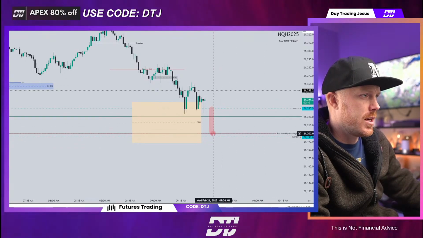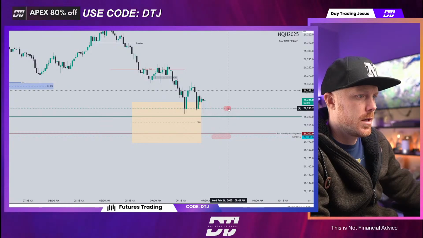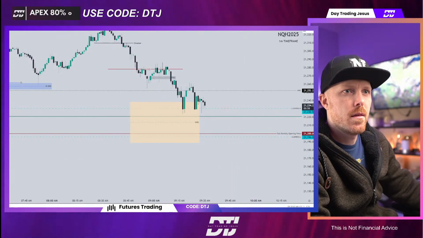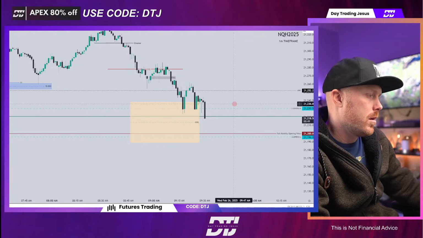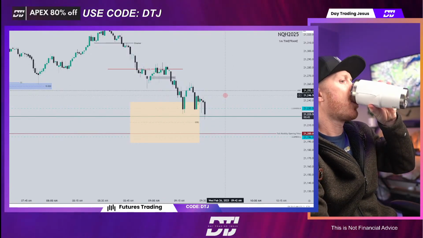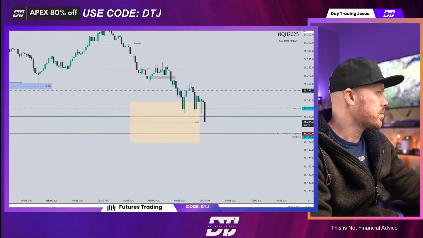This whole section here is our new day opening gap, from this low to this high. All right, the 930 model did play out. That was nice.